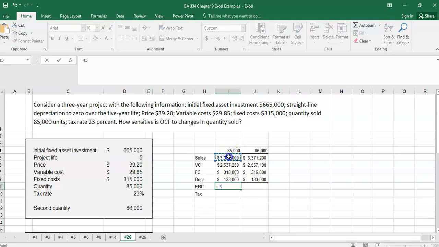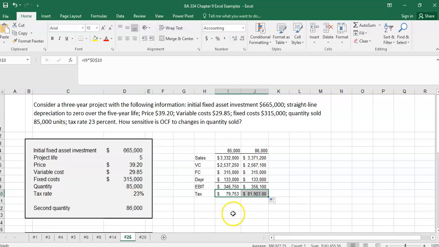So sales minus the total of all of our costs gives us the EBIT amount, and then the last number we need is our tax amount, which is our earnings before income and taxes times our tax rate. Lock that tax rate cell, and then we can copy that over.